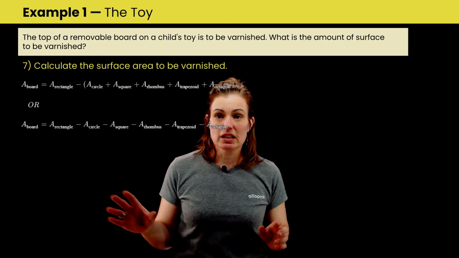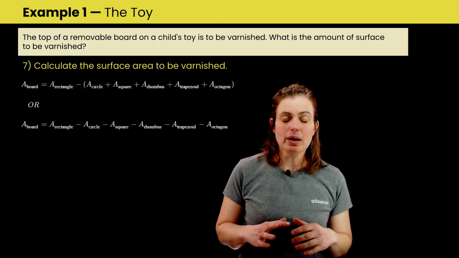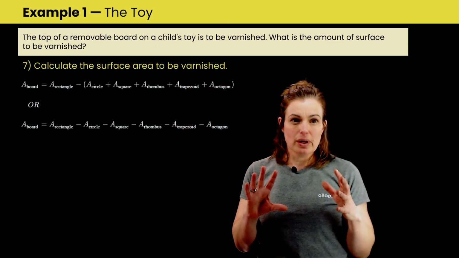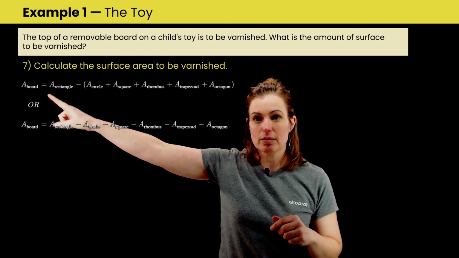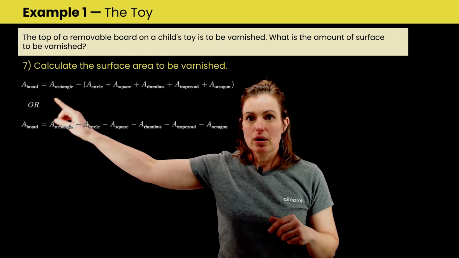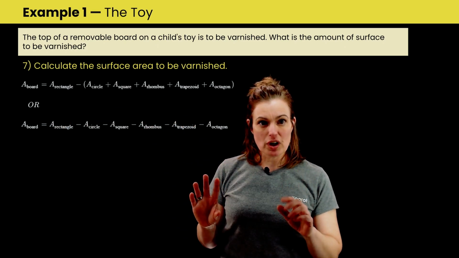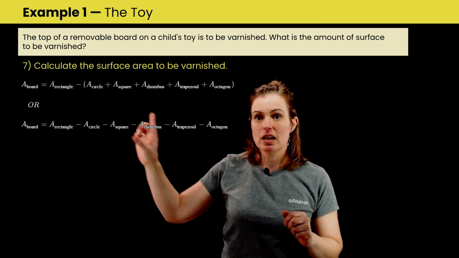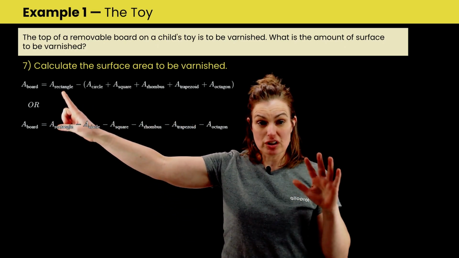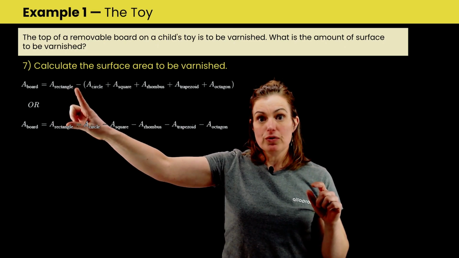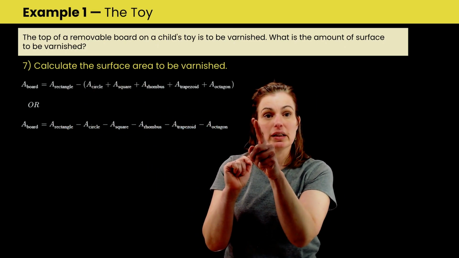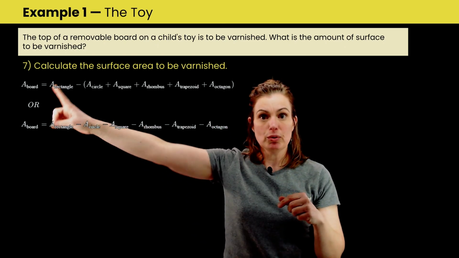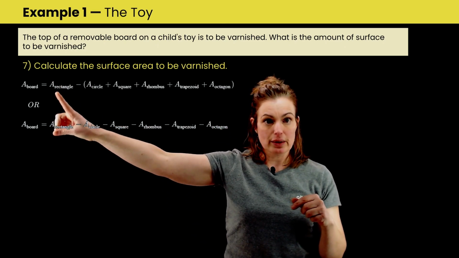So now we're just down in the final stretch of our problem here, where we've got to take a look at this area of the surface that we're actually going to varnish. So I'm calling that the area of the board. And to get that, we can apply 2 different strategies. We can either look at this as taking the area of the rectangle that we just calculated and then removing the sum of all the cutouts. So you see all the areas that we calculated added together, and we're removing that from the area of the rectangle.